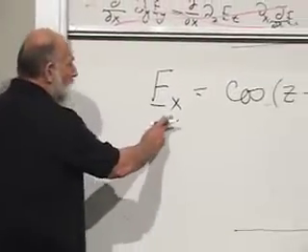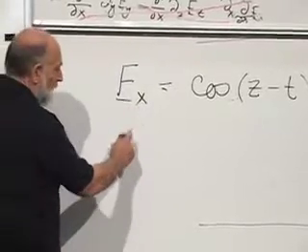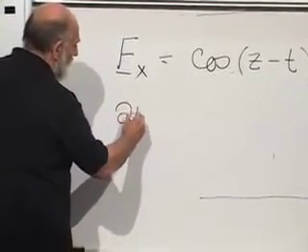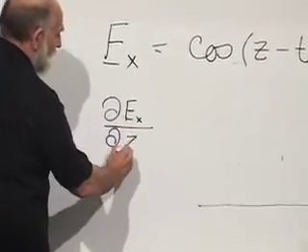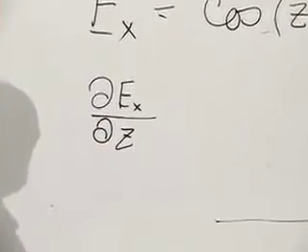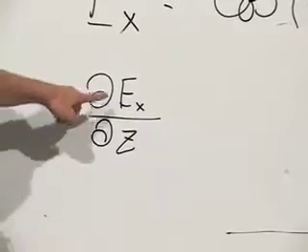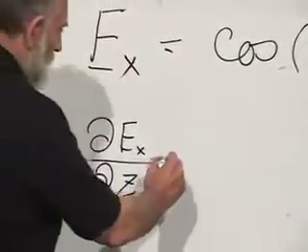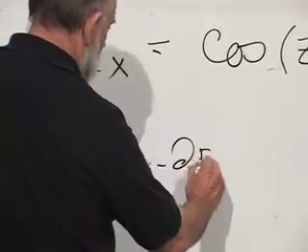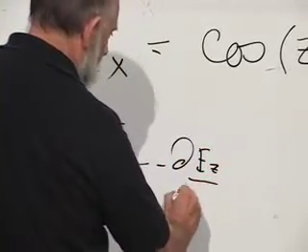Well, the only components that it can have would have to come from something like dEx by dz. That's the kind of thing that appears in the curl of the electric field. Well, we would also have minus dEz by dx.